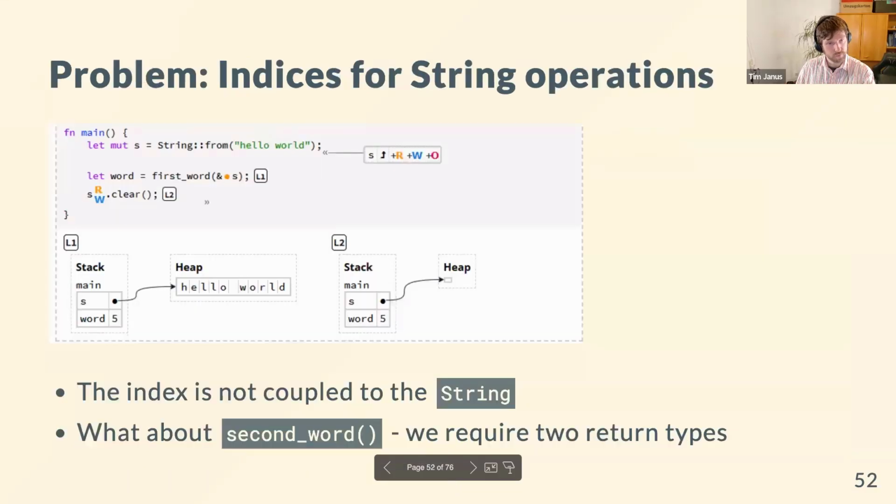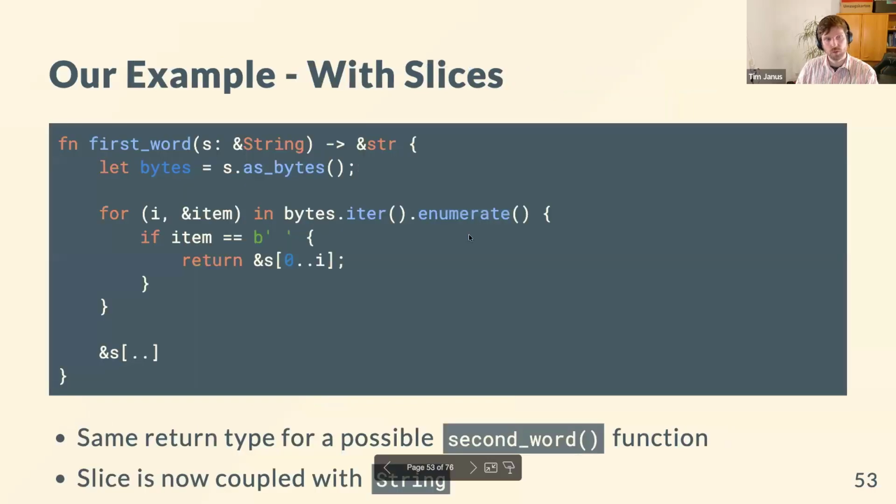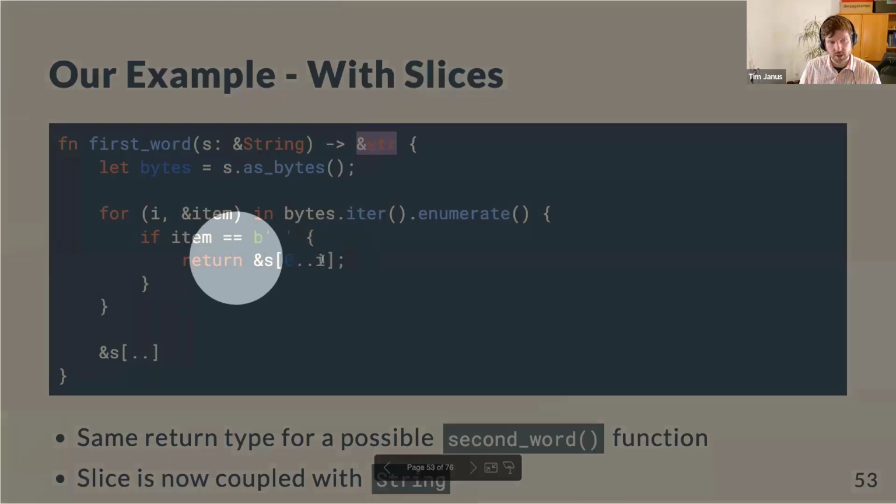And so to come back to the example, what would be a good or more idiomatic Rust implementation that would be using a slice as a return type, and actually not too many more changes.